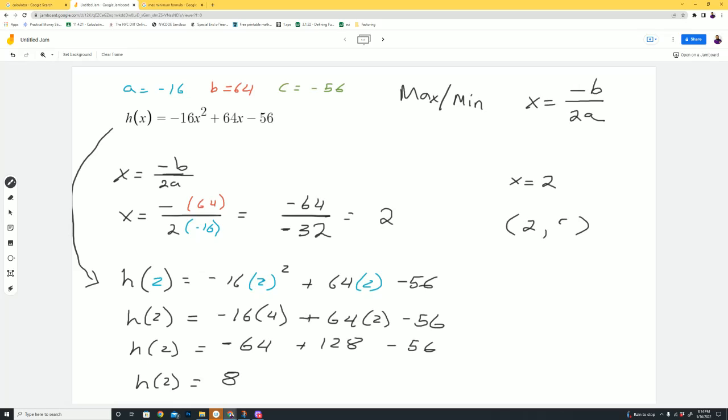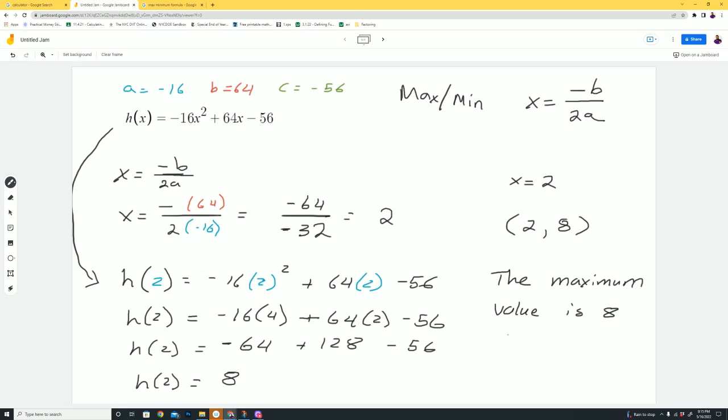So the coordinate for our maximum or minimum point, in this case our maximum point, is (2, 8). So I can say the maximum value is 8, and depending on whatever you're looking at, it's the measurement.